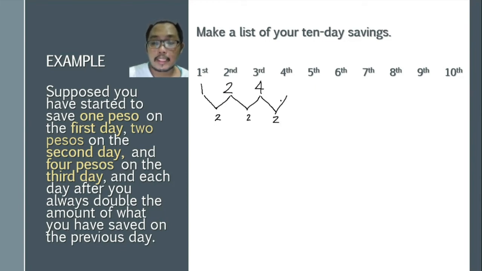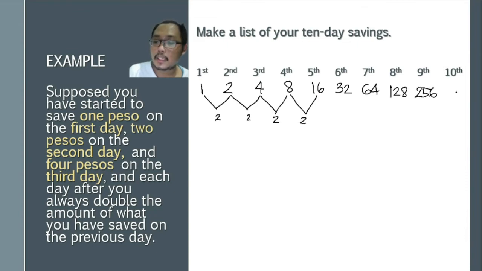So it gives us the next number, 8. Since it happens that we should do the same for all the remaining days, then multiplying the 8 with the 2 gives us the next number, 16. And it will be followed by 32, 64, 128, 256, and 512.